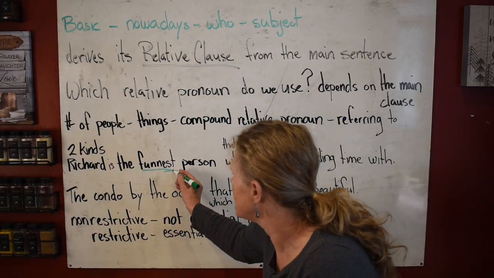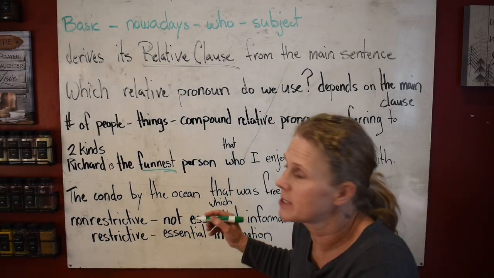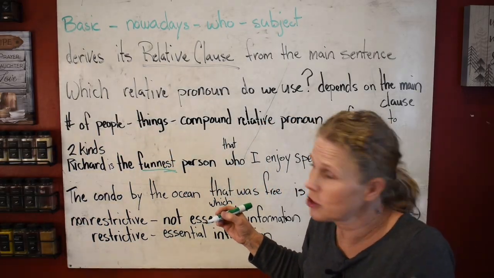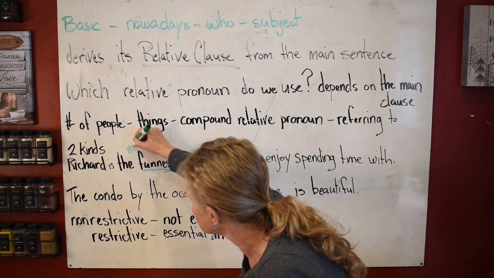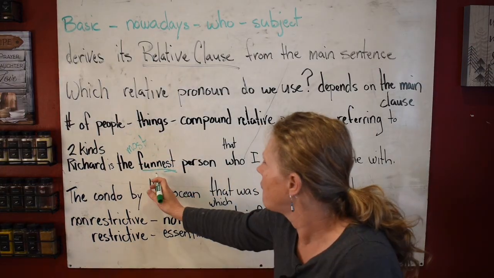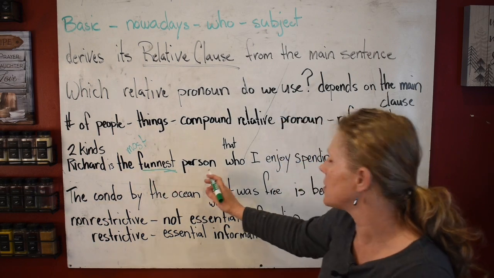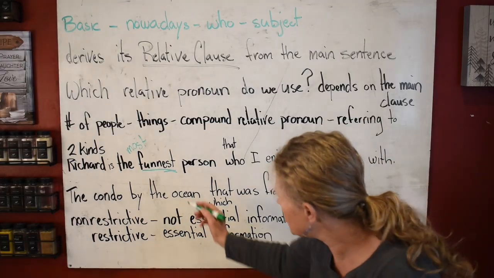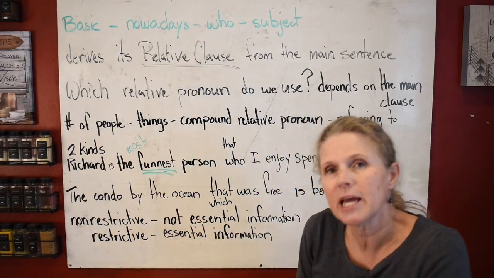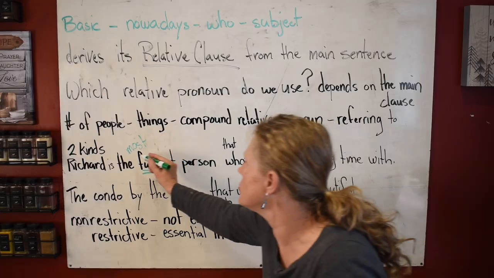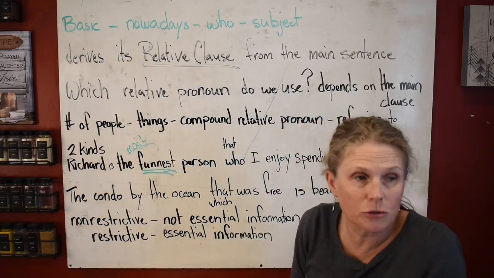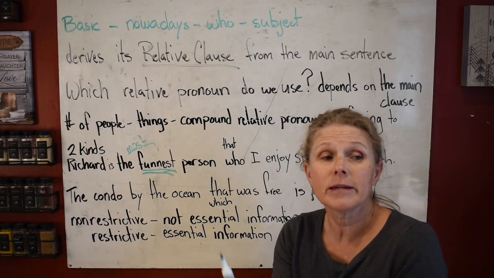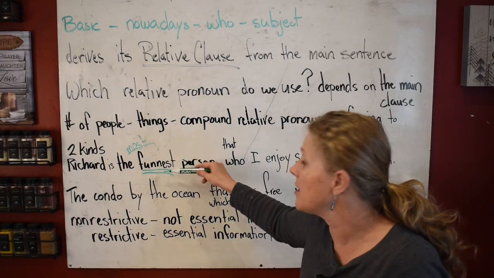Now, est means the most. It's superlative. And most people say that you should put most fun. Richard is the most fun person. But if it doesn't sound quite right, you can use funnest. If it sounds better to use the superlative most, use most. Now remember what superlative is, most and est.